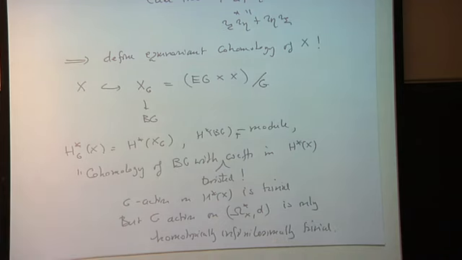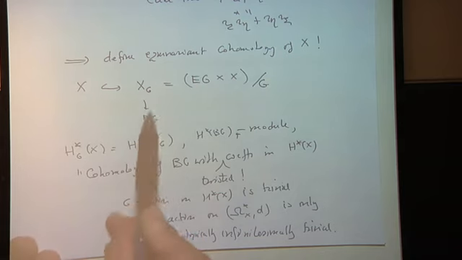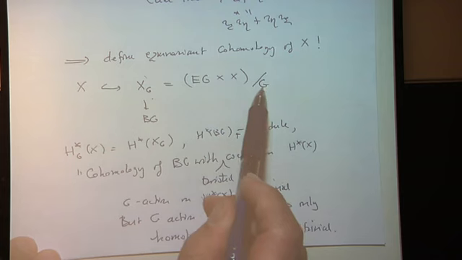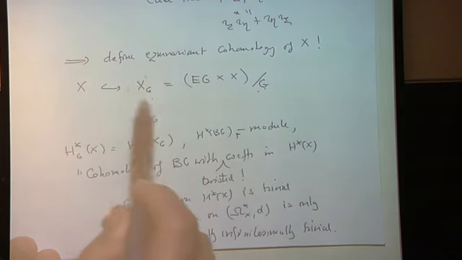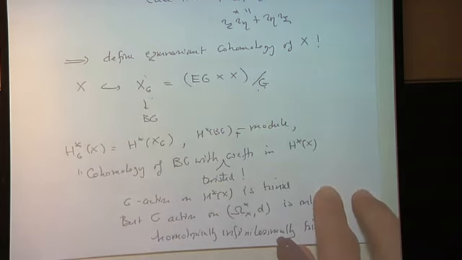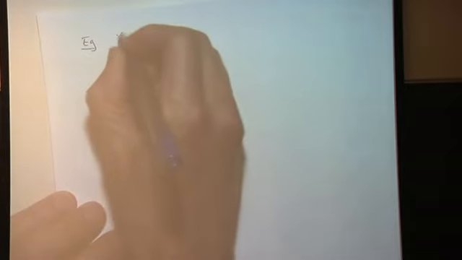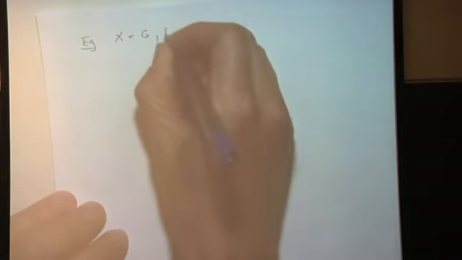So even if G was connected, and you ask for a strict action, it would have to be trivial. So you'd only be computing the cohomology of BG with constant coefficients. And yet we know that if you take an interesting G action on X, the cohomology can have slightly more interesting features. So for example, if X is G with a translation action.